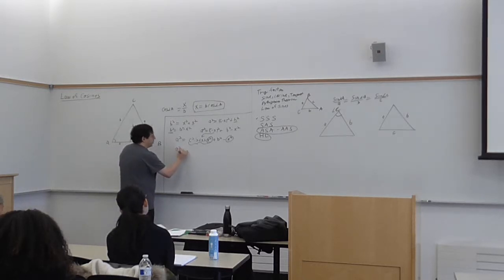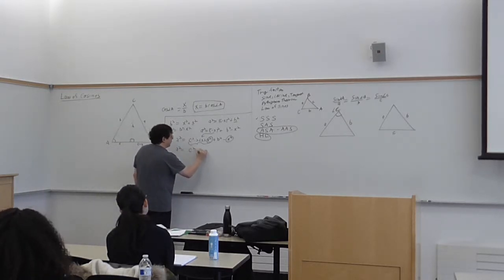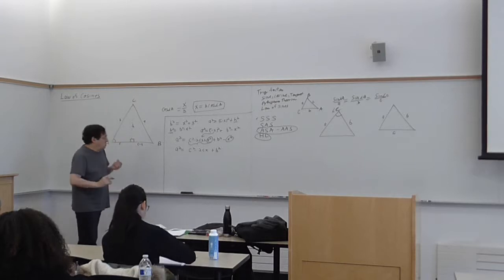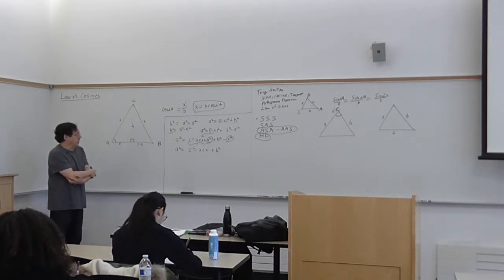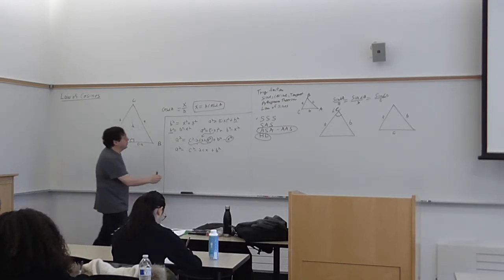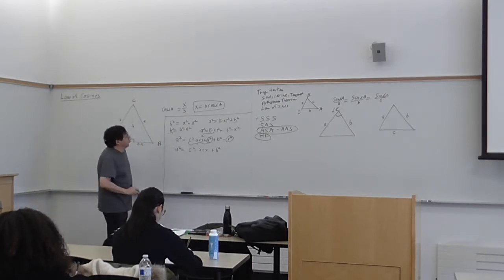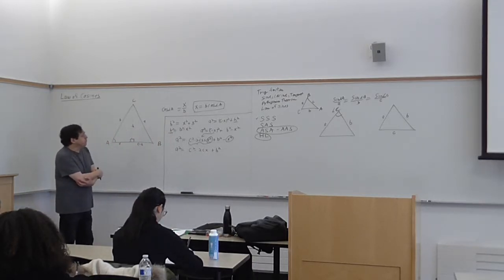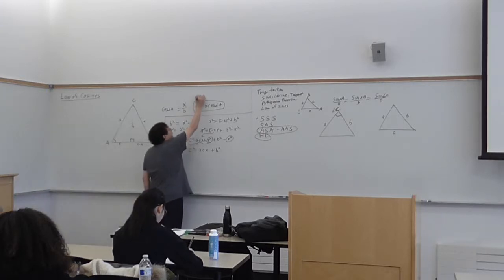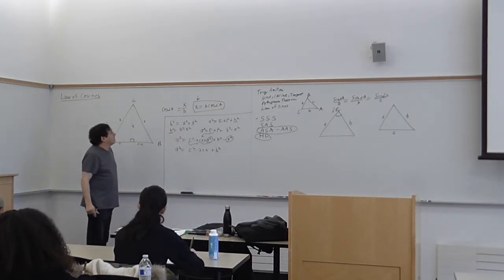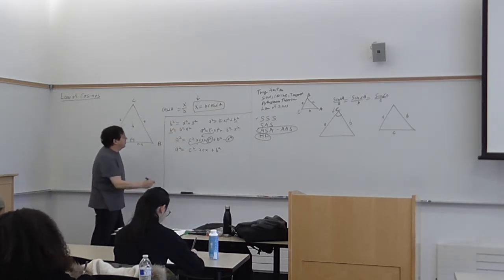So I have a squared equals c squared minus 2cx plus b squared. And I'm almost done. I just have this x here to deal with. Oh, but I have kind of a definition of x here that I prefer to use. So let's try that.